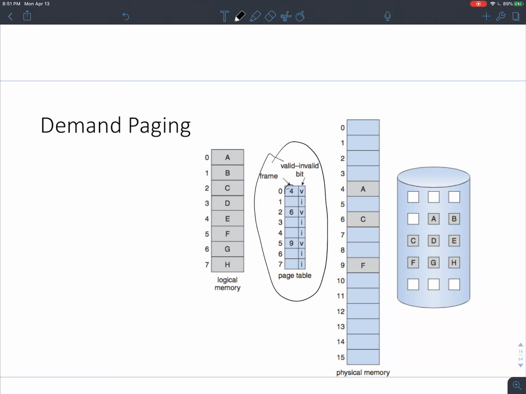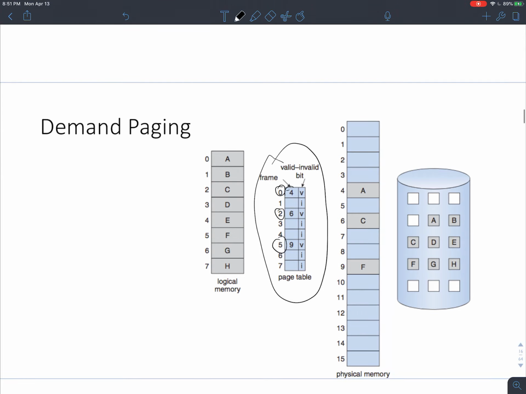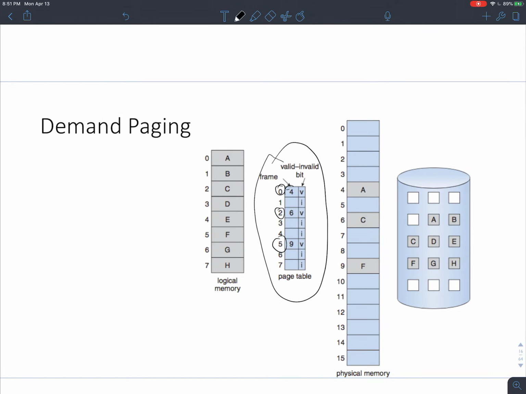Only page 0, page 2, and page 5 are loaded, because only these pages have a valid bit of V, while all the other pages have an I. So the other 5 pages are not in the memory.